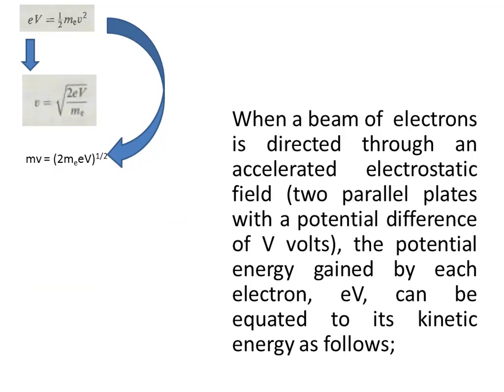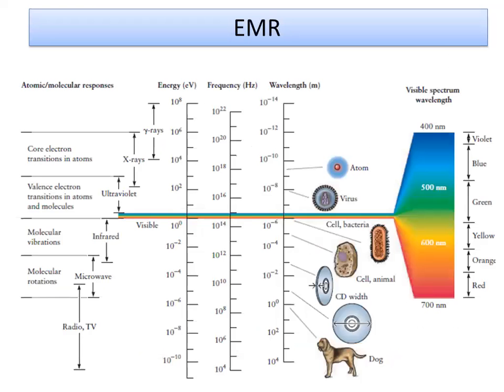Now you see, if you need a small wavelength, that means you will need high potential. More potential you will need to accelerate the electron that has the small wavelength.